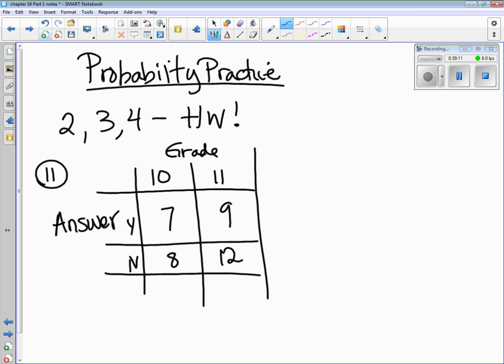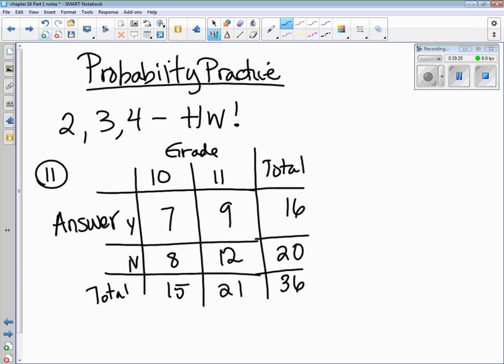And then I always like to include a total column for everything and a total row. So we'll do that as well. So we have 15, 21, 16, 20, and 36. You should include those as well, okay? So this is a contingency table. This is one just like you would see on a test or the quiz that we just saw too.